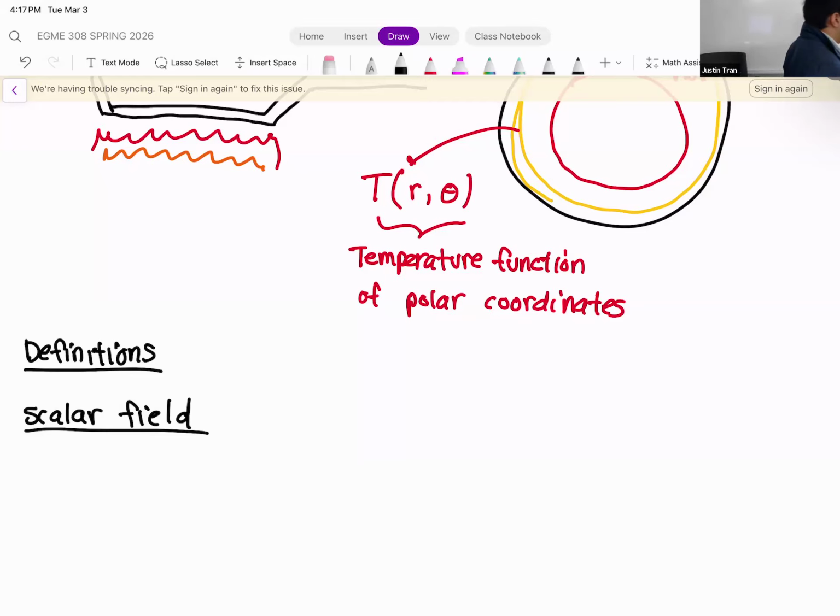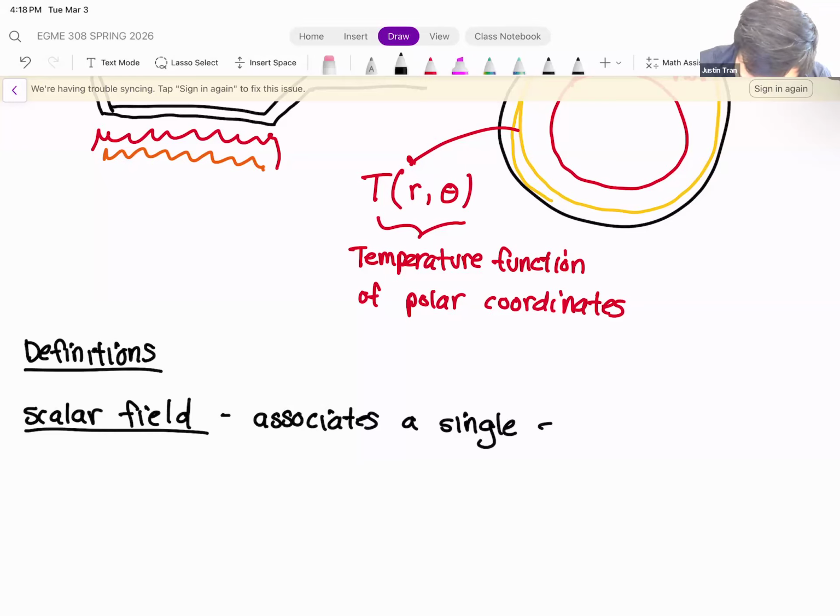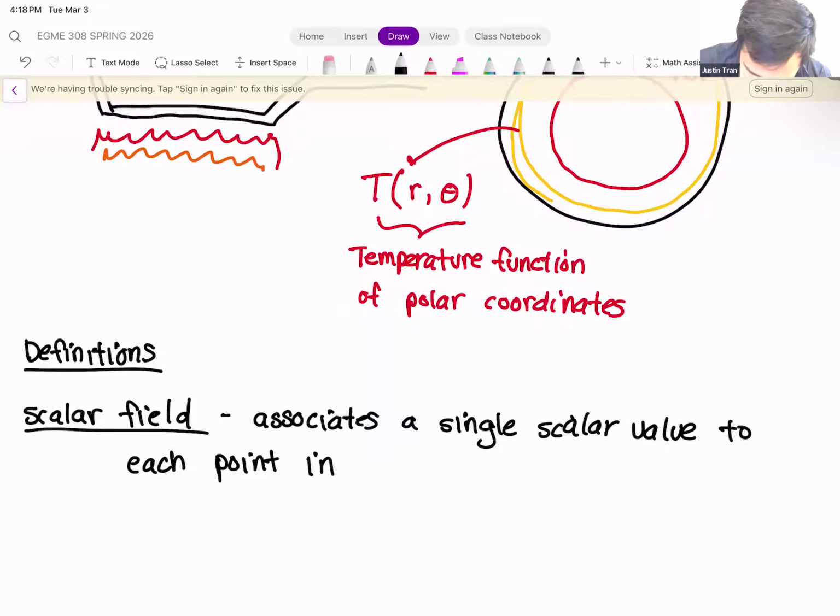A scalar field is one where we assign a single value, or in other words, a scalar value, to each unique coordinate instance, or in other words, to each unique combination of x, y, z, or r, theta coordinates. So we only have one single value that's assigned to each point.